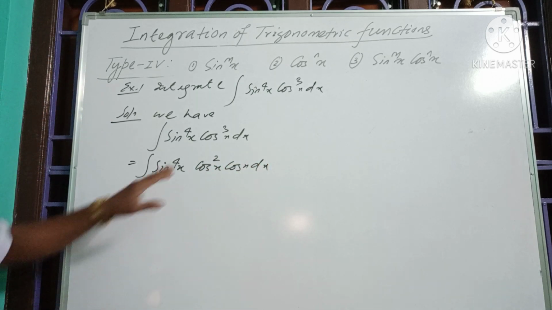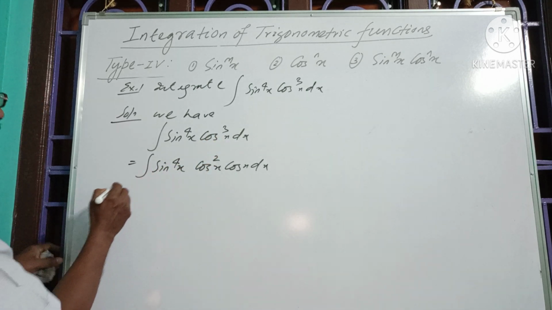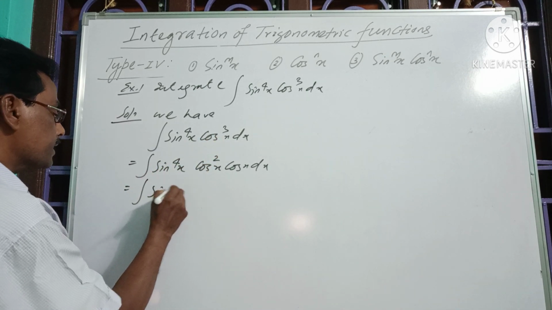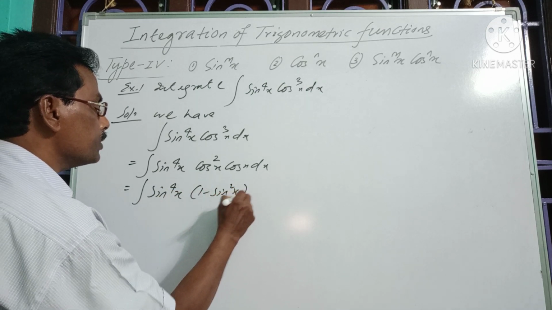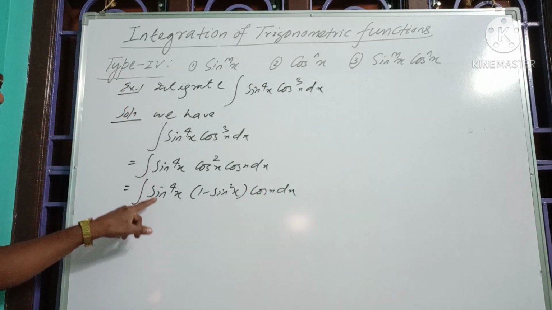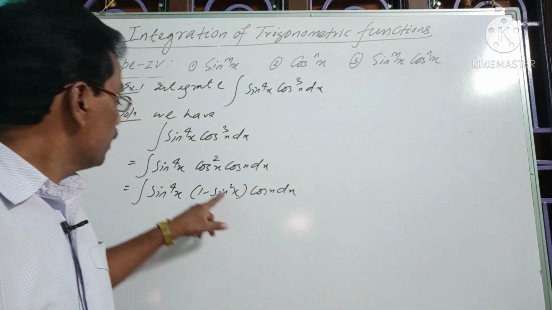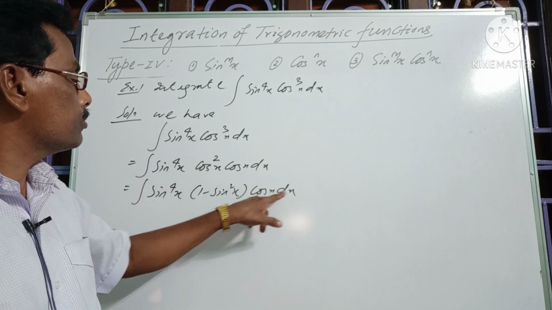So now we have to break cos square x in terms of sin x. So we have the integration of sine to the power 4 x into (1 minus sin square x) into cos x with respect to x.